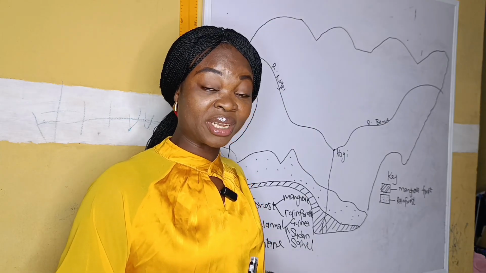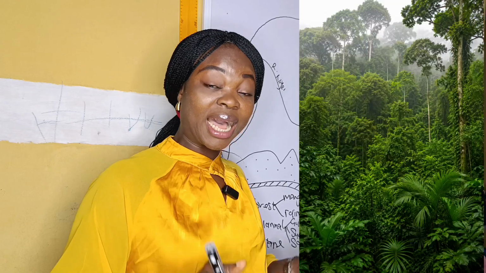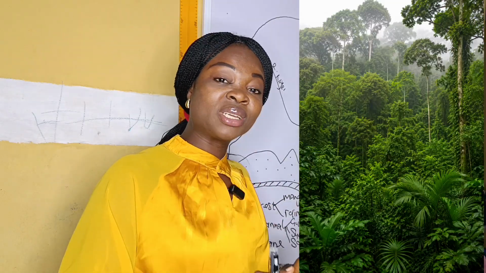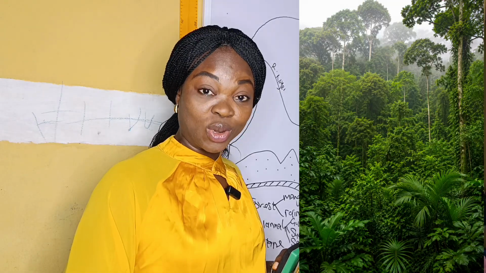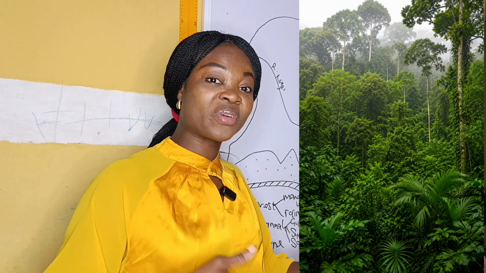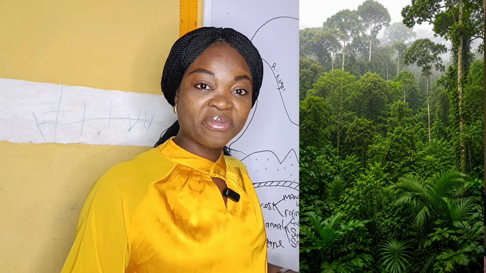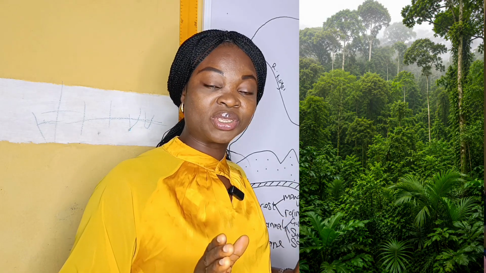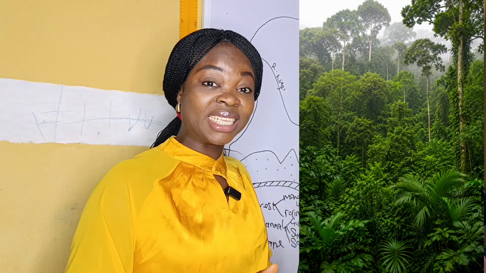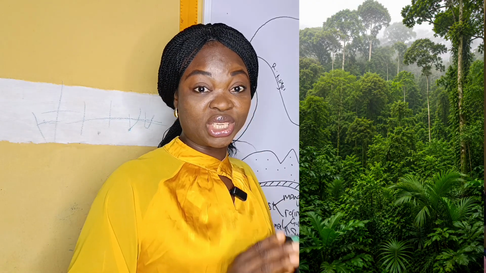Characteristics of tropical rainforest: the leaves are broad and evergreen. The trees come in strata, that's upper, middle, and lower. It has different species of plants like creepers and epiphytes that grow on other plants, especially on the branches and trunks of the trees for support, but do not have a negative effect on the plants from which they get their support.